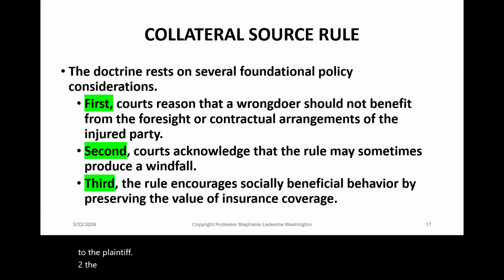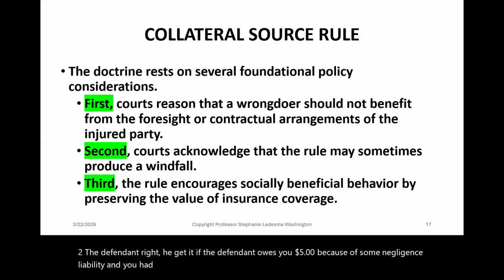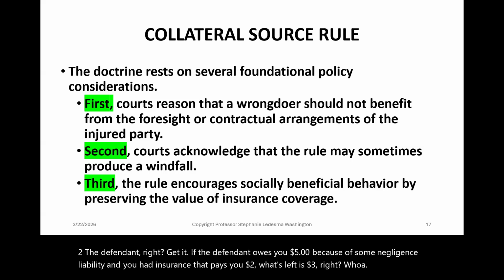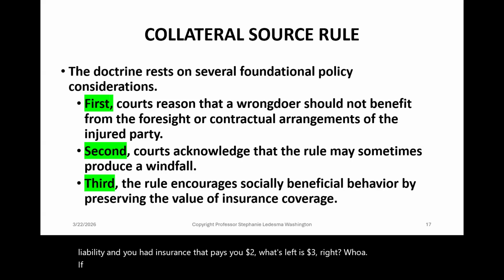Get it? If the defendant owes you $5 because of some negligence liability, and you had insurance that pays you $2, what's left is $3, right? Well, if the defendant gets the benefit of that $2, now the defendant only owes you $3.